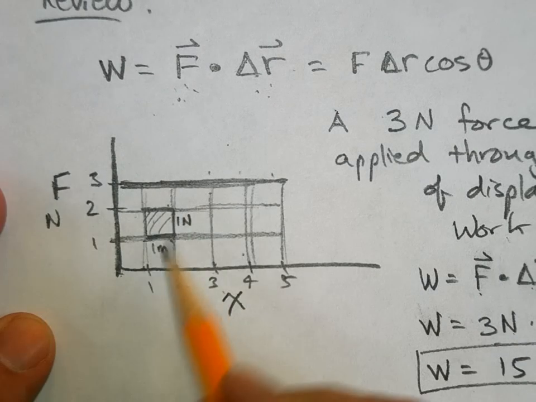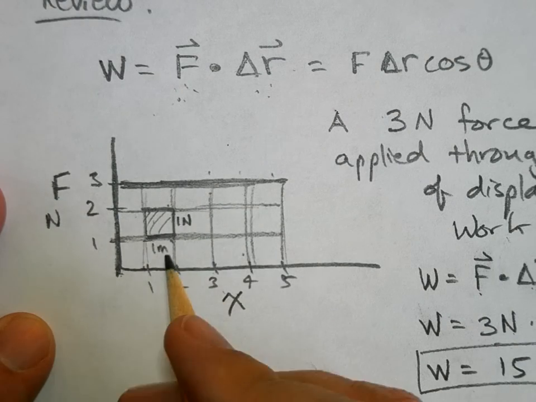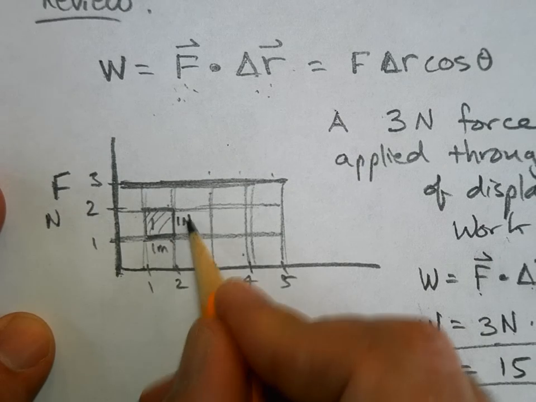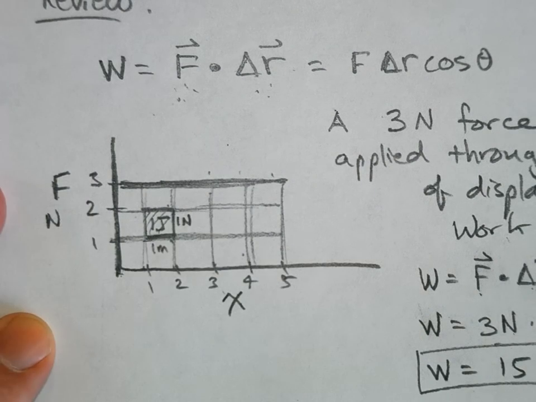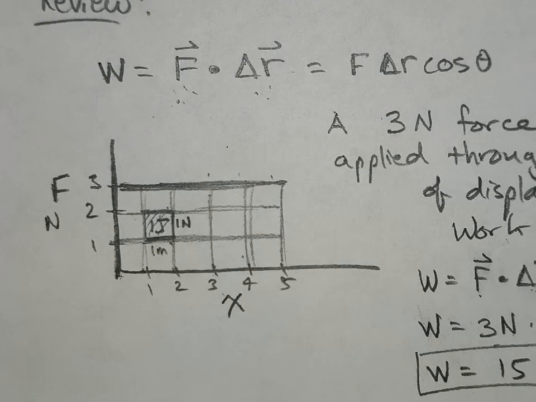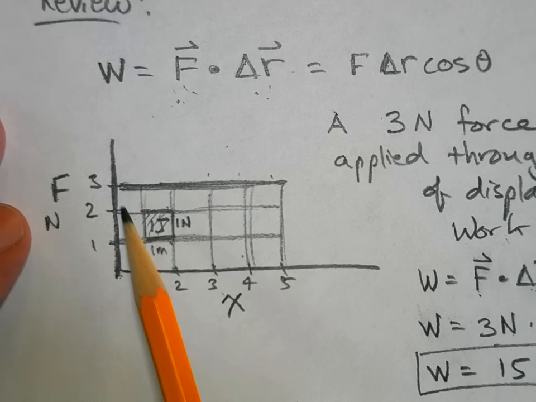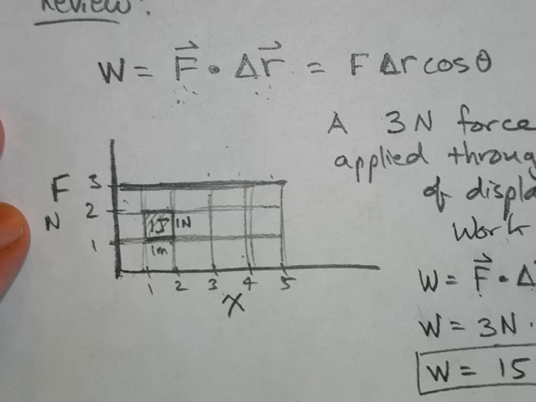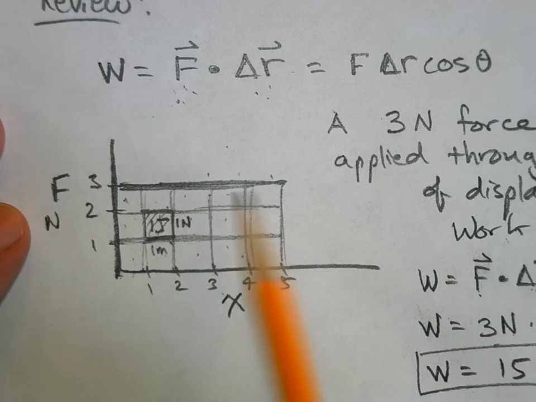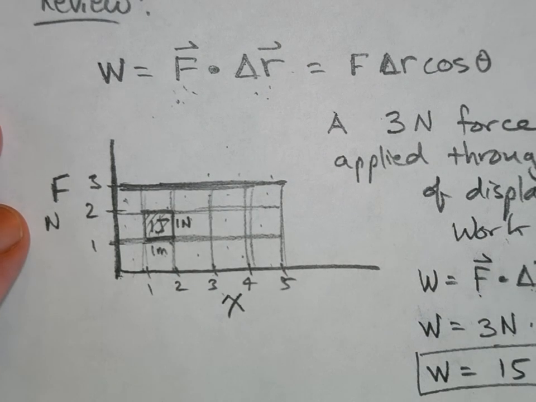So when I multiply these together, I get 1 times 1 is 1, and a newton times a meter is a joule. So each little square under my graph represents a joule of work done by the force. And so what I can do is add up the number of squares. 1, 2, 3, 4, 5, 6, 7, 8, 9, 10, 11, 12, 13, 14, 15. 15 joules, of course.